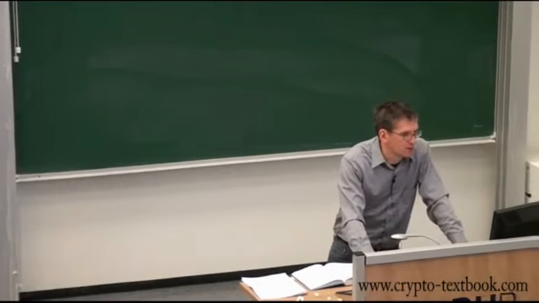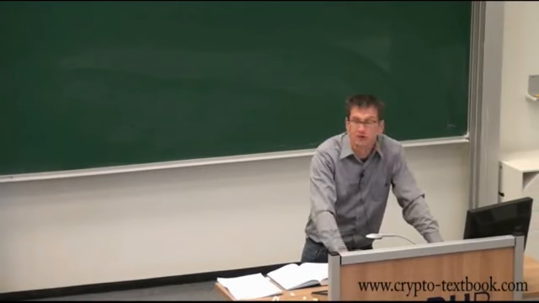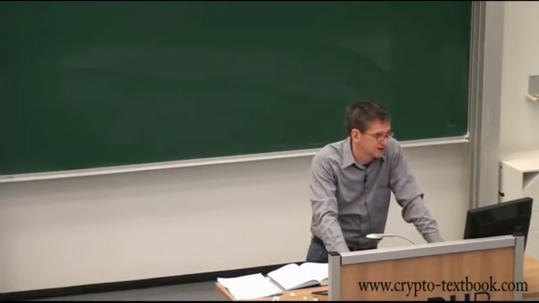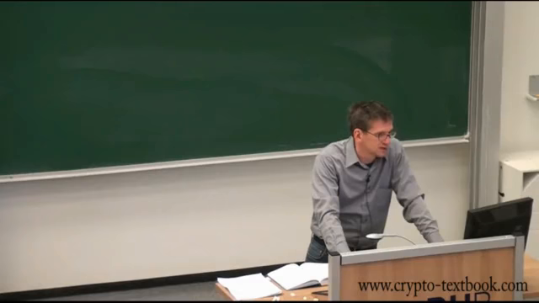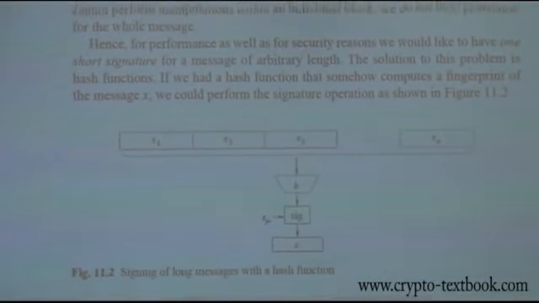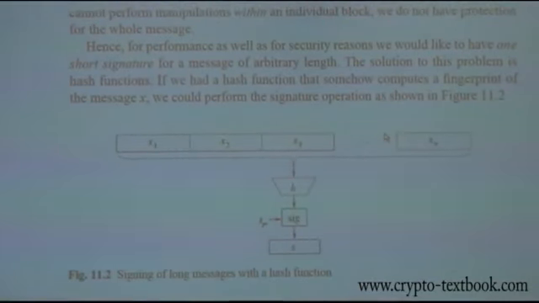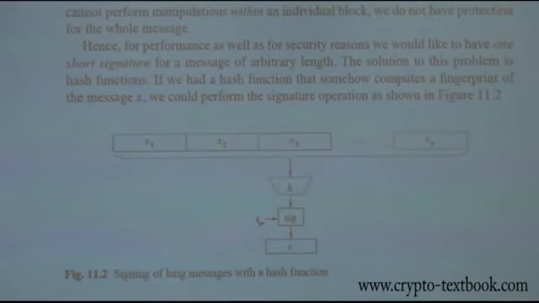So what would that give us? Instead of doing the stupid thing I just told you not to do, on that figure, what we would like to do is, and this is a very, very important picture for the rest of today, maybe for the rest of your life if you stay in IT security. We take x1 to xn, this really long message, say a 256-megabyte PDF file, and feed it into some kind of function h, the hash function.